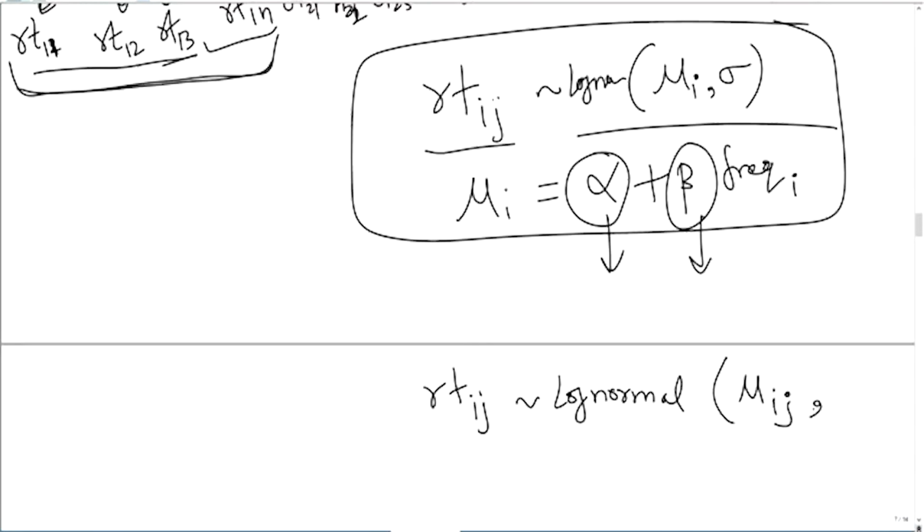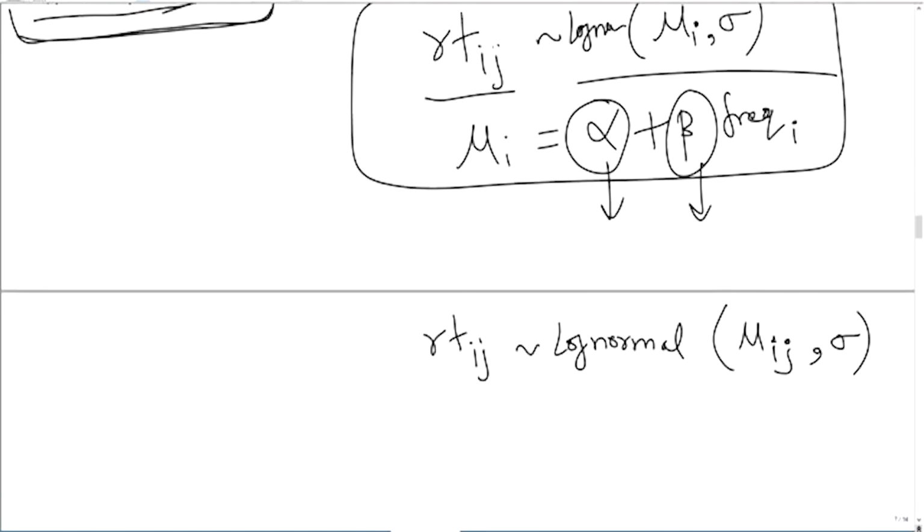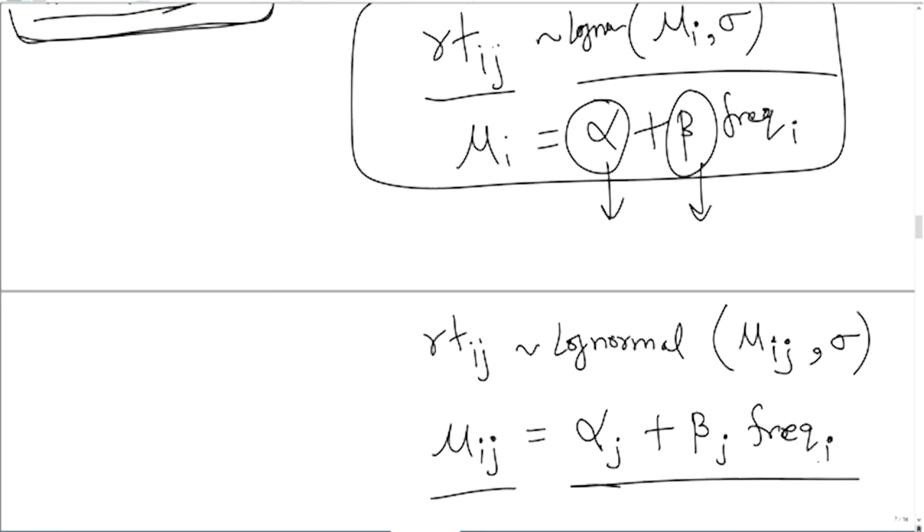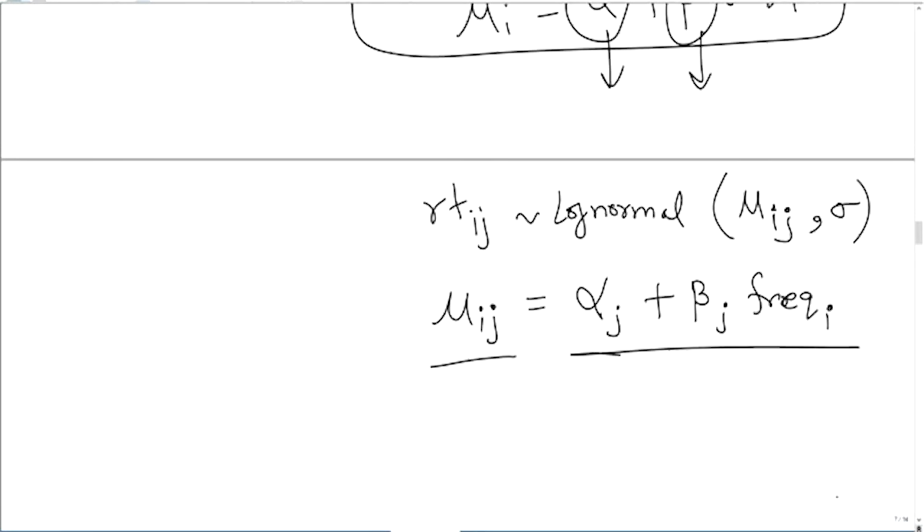So rather than coming from mu I, it comes from mu ij, such that this average recognition time can differ across items, across words, as well as across subjects, and sigma, where mu ij can be written as alpha j plus beta j into frequency I. Okay, so mu ij would be determined by alpha j, beta j into frequency I.